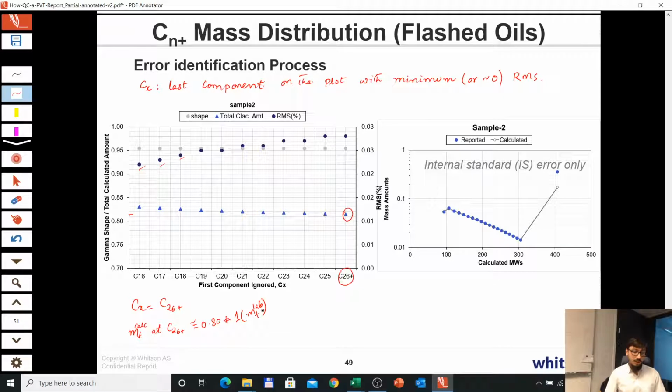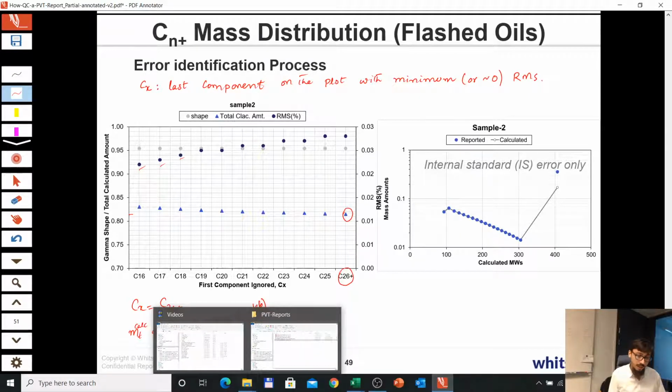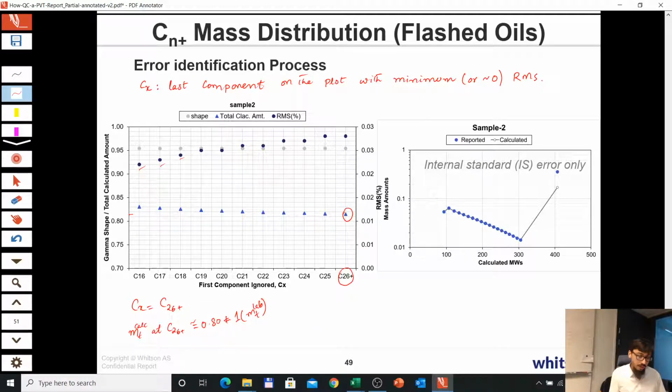Okay, so now this is confirming that this sample has an internal standard error. Because we know that the total calculated mass has to be the same as the lab reported mass if you don't have internal standard error, but here that's not the case. This was suggesting that there might be internal standard error, and this is confirming that there is an internal standard error.